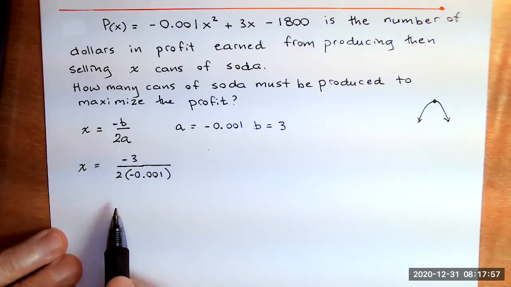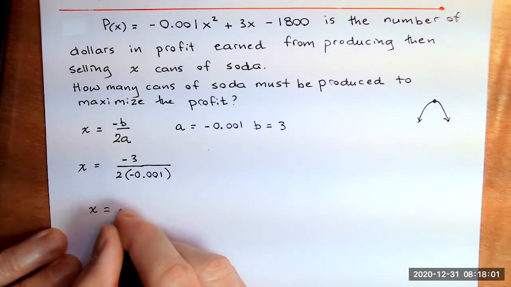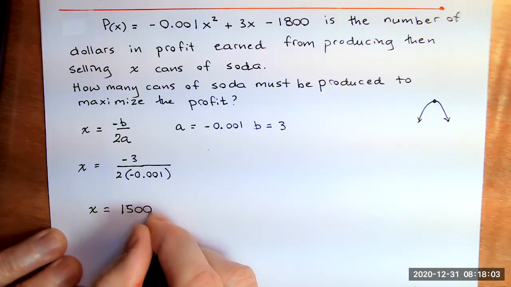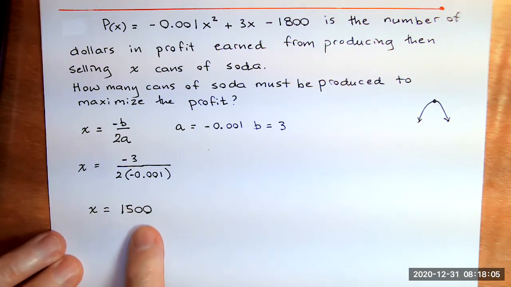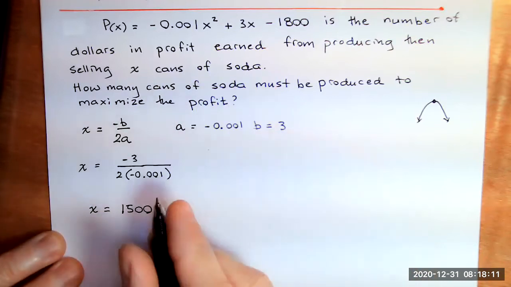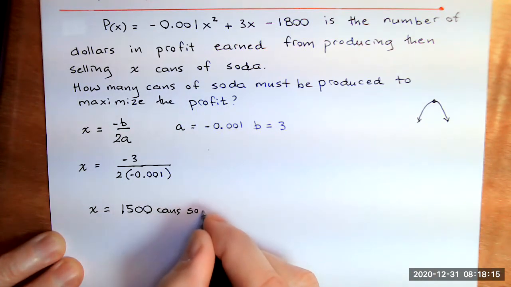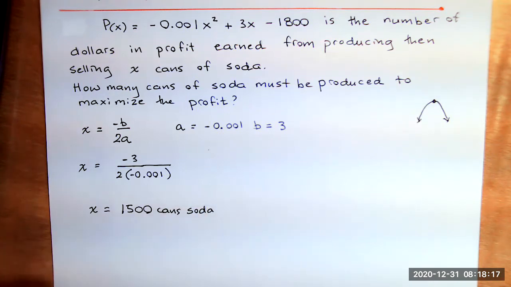So my maximum profit occurs when x is equal to 1500. So be careful, 1500 is not your profit. That's the number of cans of soda that you must sell to maximize the profit.